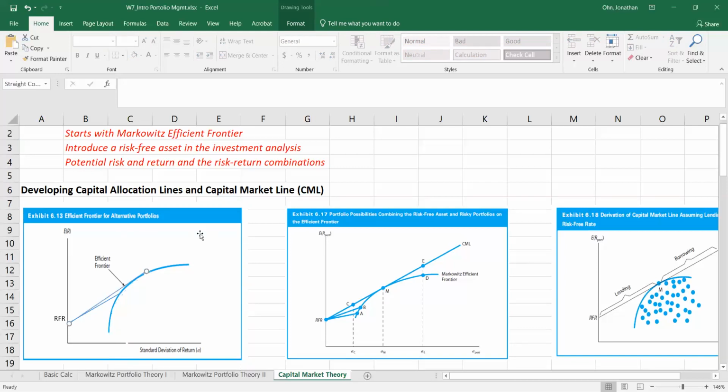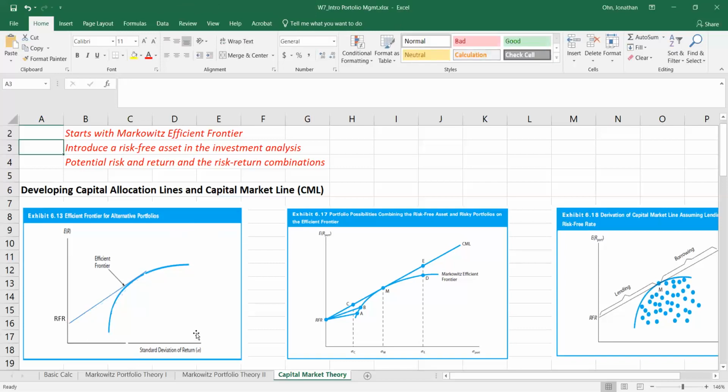Any combination on this tangent line includes every possible combination that dominates everything there. So you could continue that, and that one is the maximum you could go, and that's why you get this M and this extension.